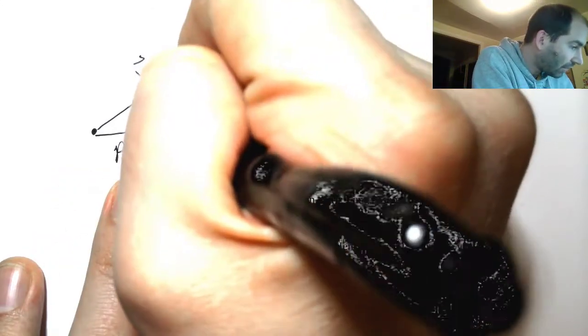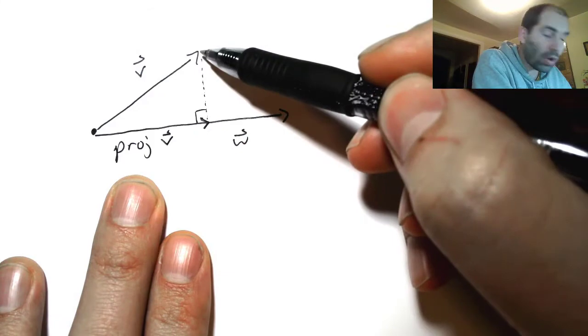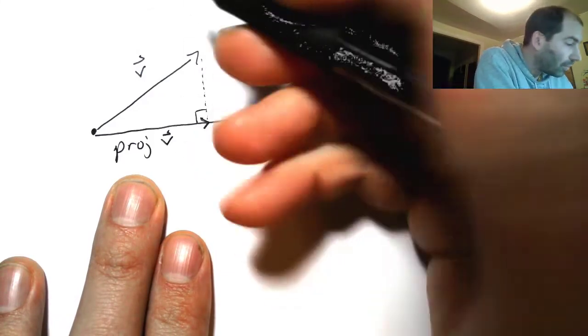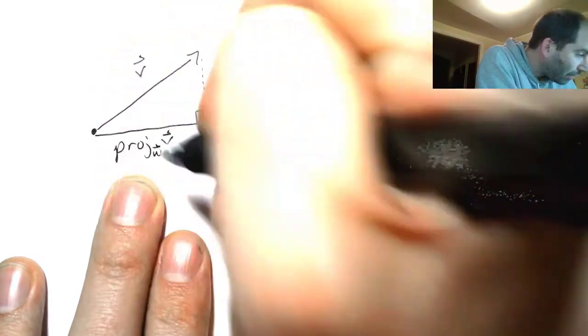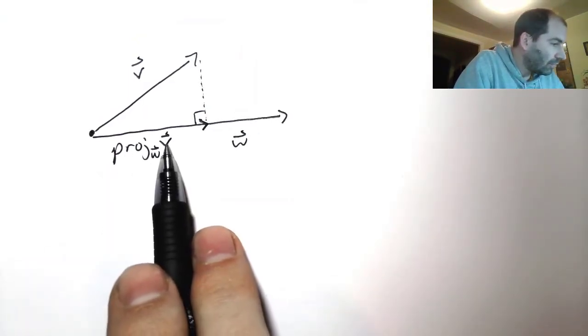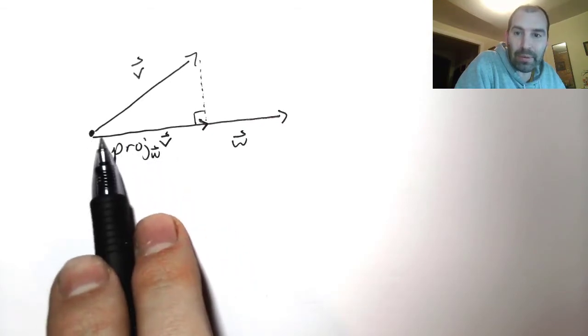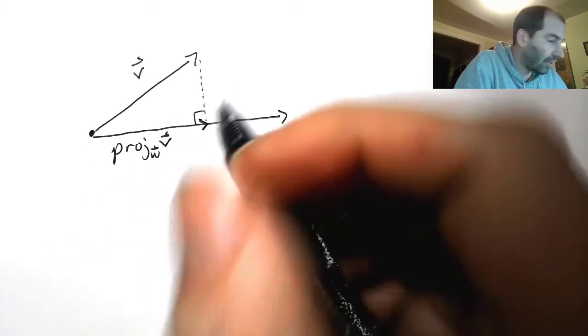I'm projecting the vector v. That's the one I'm changing. And I'm projecting it in what direction? Onto w. So I put a little subscript w down here. So proj subscript w of v is the projection of v onto w, and I'm getting this vector right here, this guy.